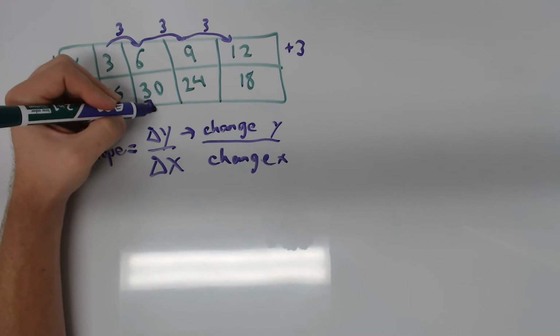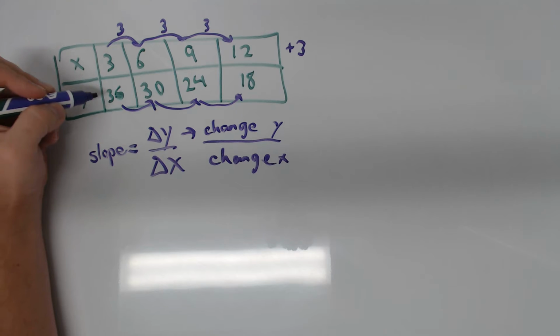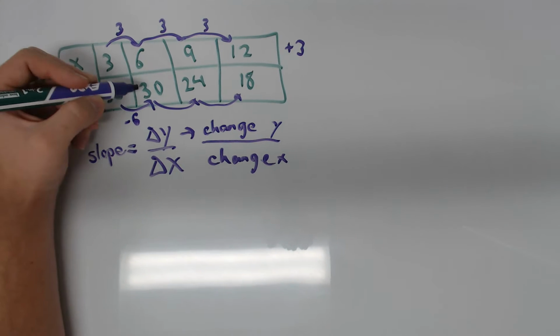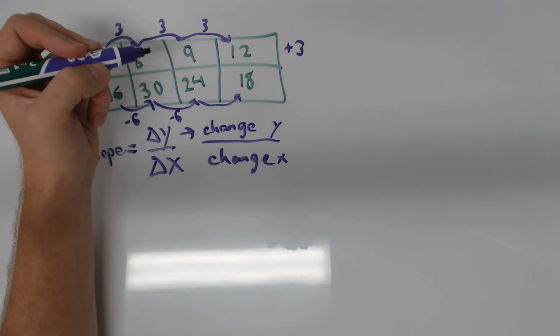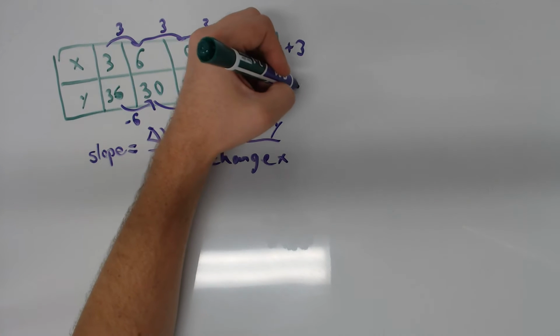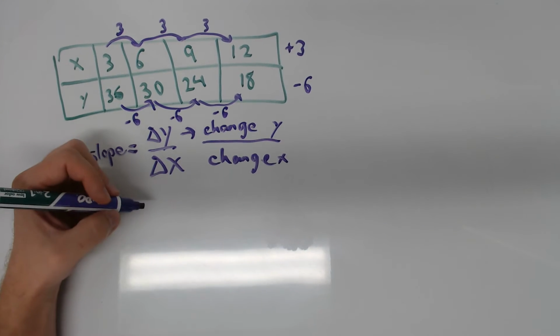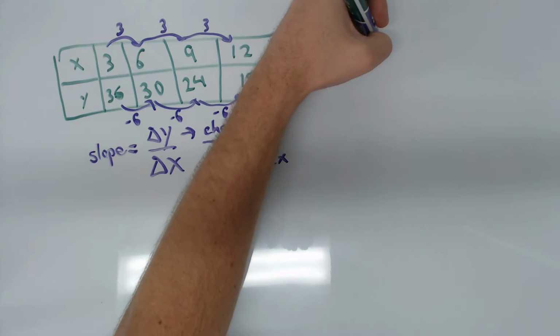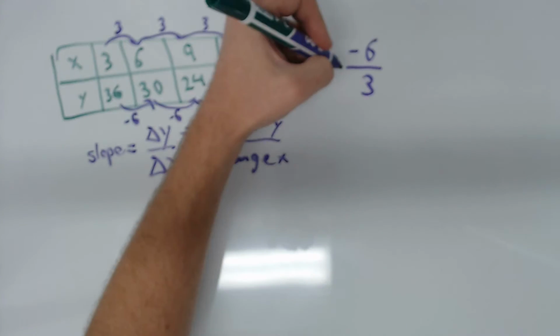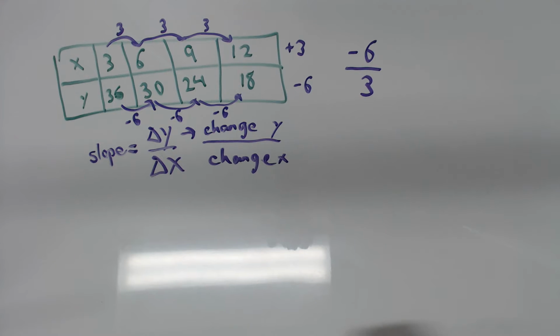And then the y, let's check the y. 36 to 30 is minus 6. 30 to 24 is minus 6. 24 to 18 is minus 6. So what I do is I put my y change over my x change as a fraction. Negative 6 over positive 3. And I can simplify that.